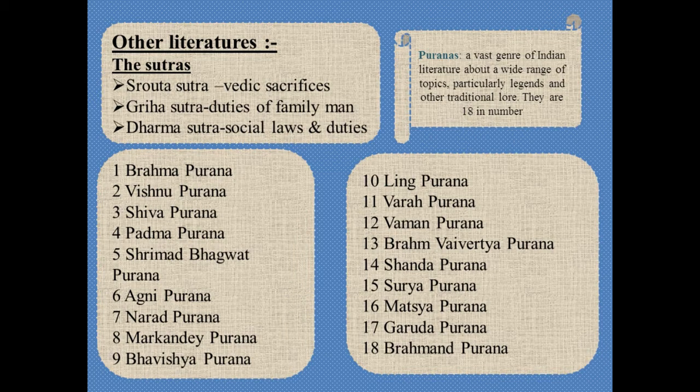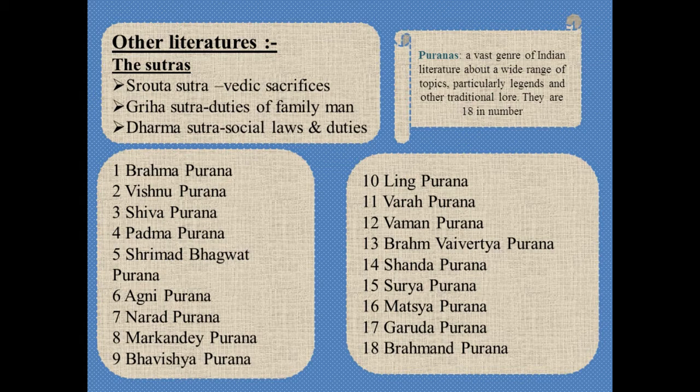The last part of the literature is the Purana. Among the Puranas, Indian literature has a wide range of topics. Certain things are related to legends and traditions. Among them, 18 are very important.